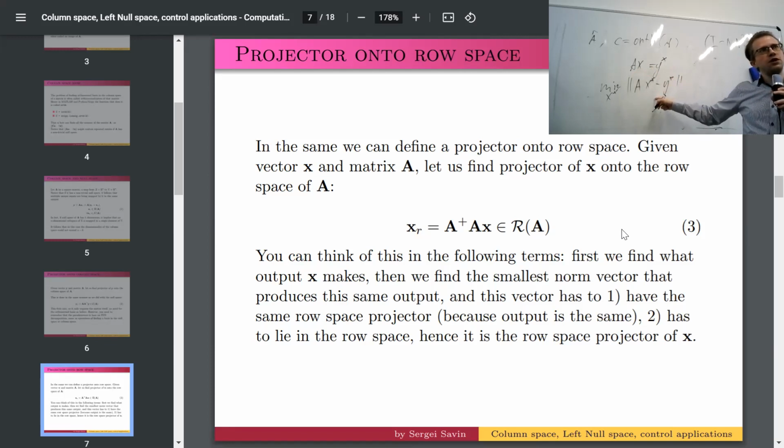But it is also going to be the smallest norm solution. So out of all possible x, this one will get us the x with the smallest norm. So the x will lie in the row space, because as we know, the row space is a space of unique solutions with the smallest possible norm. So this is how this guy is justified as a projector.